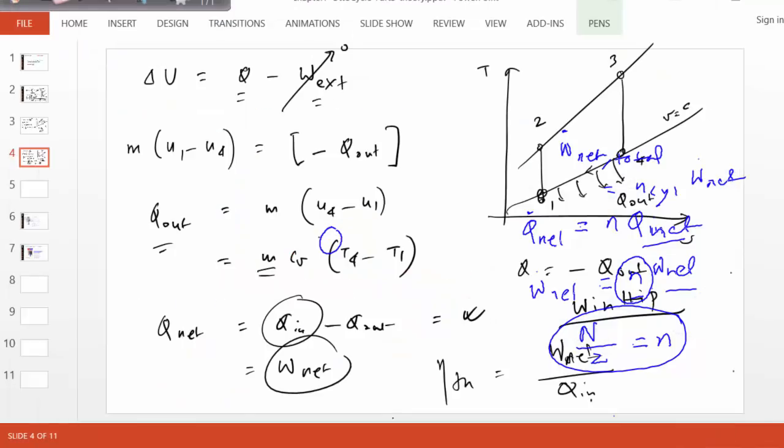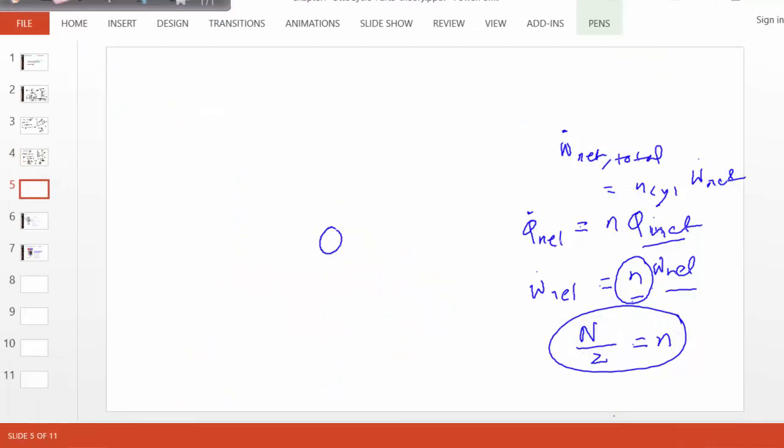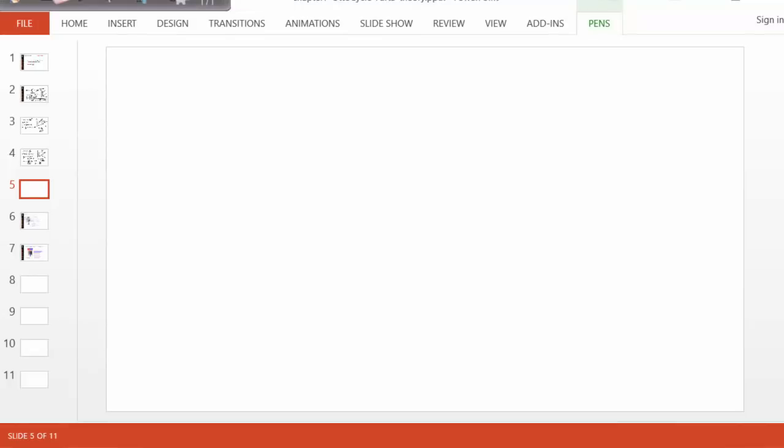So you may write down this formula here: W dot net total of a car engine will be the number of cylinders times W dot net per cylinder. And what is W dot net?